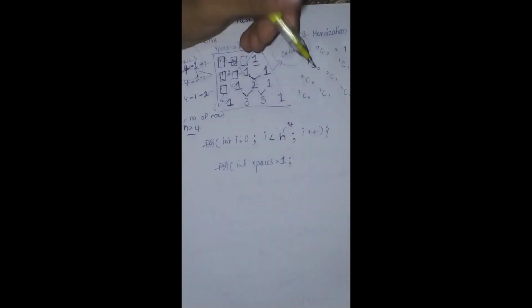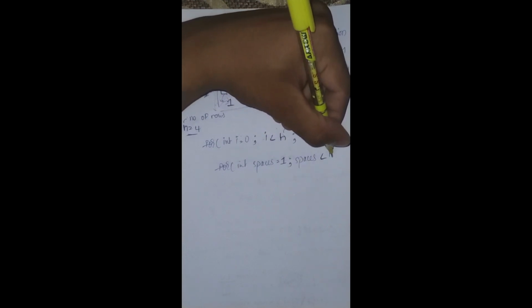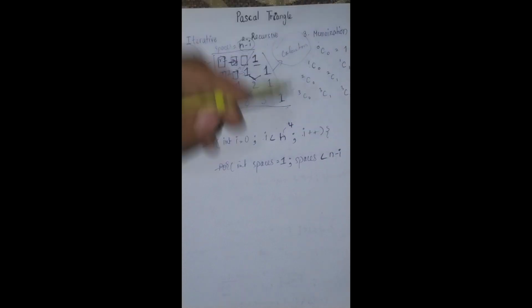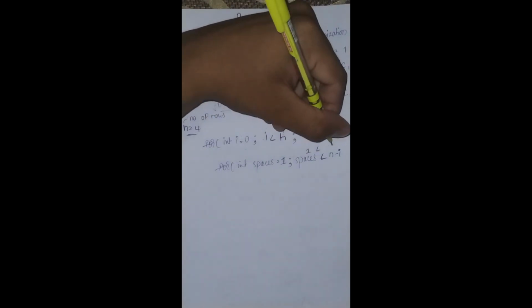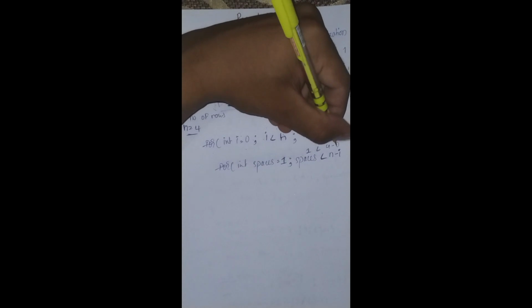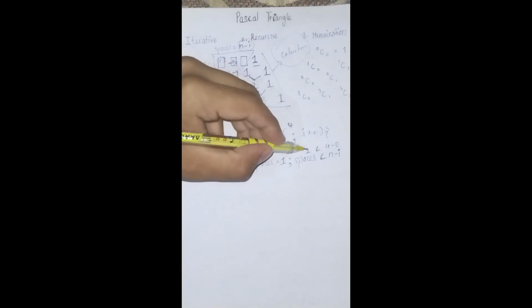It will start from 1, and spaces less than n minus i. We are taking i because initially i will be 0, right? So for i equals 0, n minus i will be 4 minus 0, so it will give three spaces.